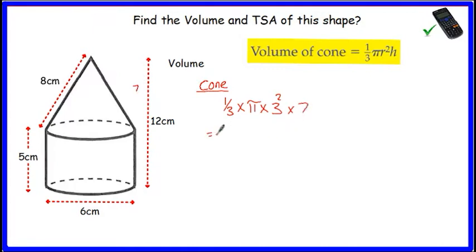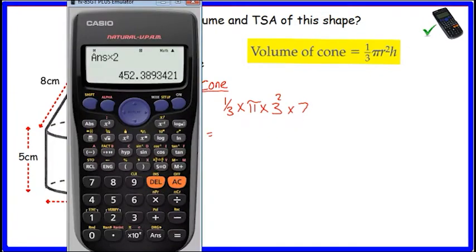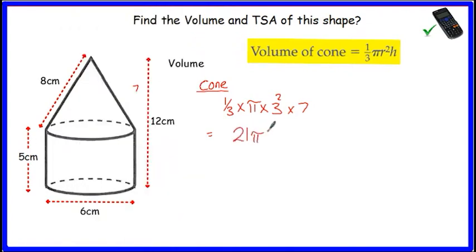So the cone is going to be 3 squared times 7 is 21 pi. Could type that directly in. 21 pi, talking volume, centimeters cubed.